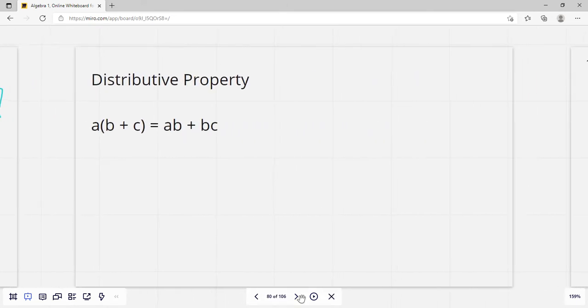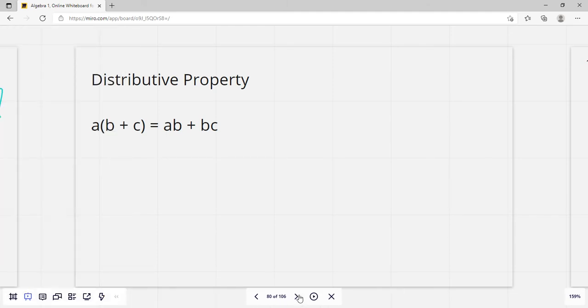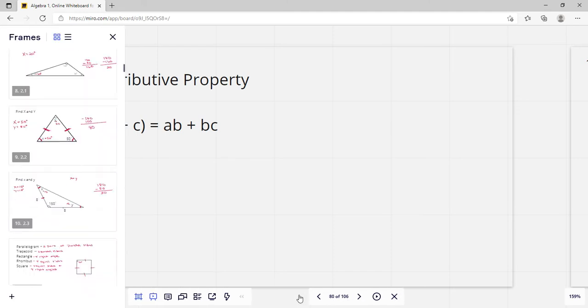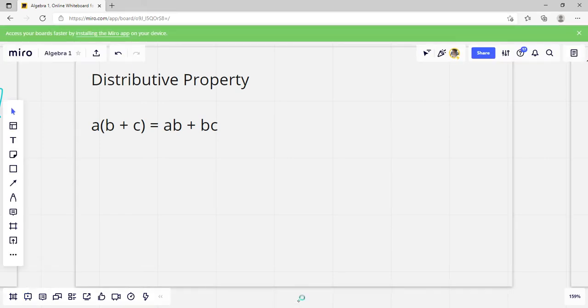The distributive property. When we talk about the distributive property, that just means that we can add or subtract first, or we can multiply first. All right, so if we have A times B plus C, we could add our B plus C and then multiply times A. Let's use numbers to demonstrate.